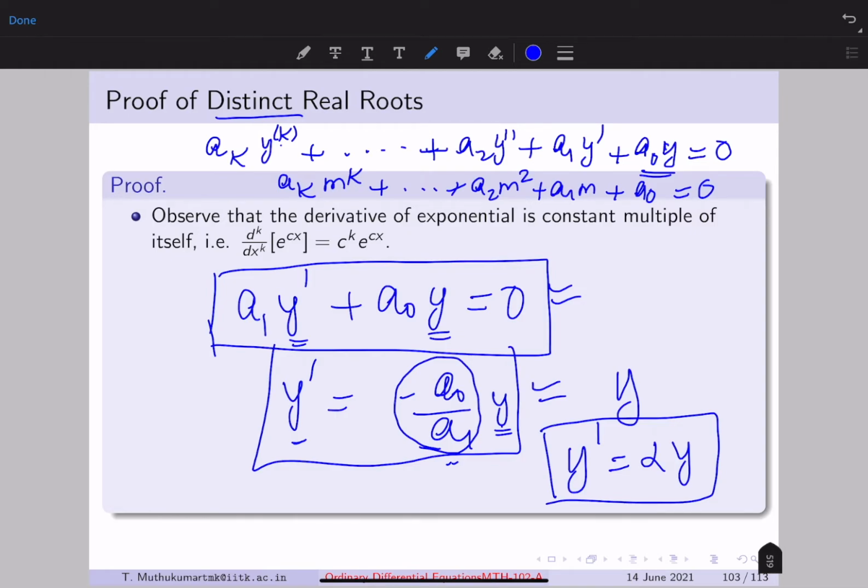And do you know any function which has this property? You do, right? You know that if y is exponential of alpha x, then y prime is alpha times exponential of alpha x, which is alpha times y.